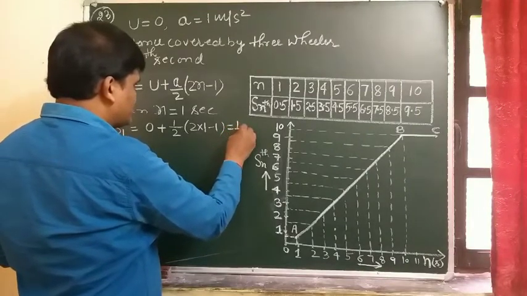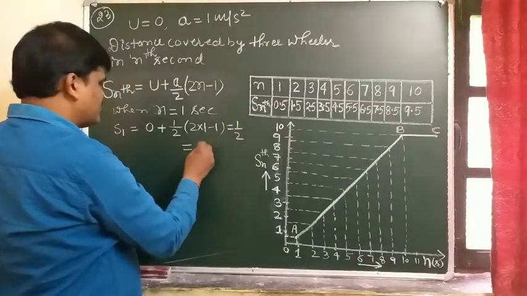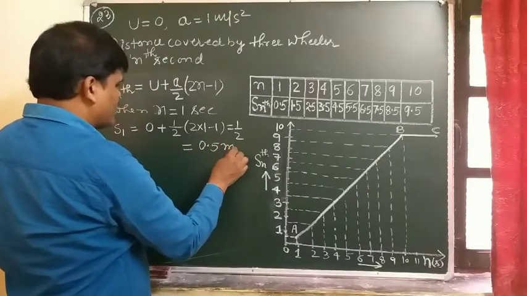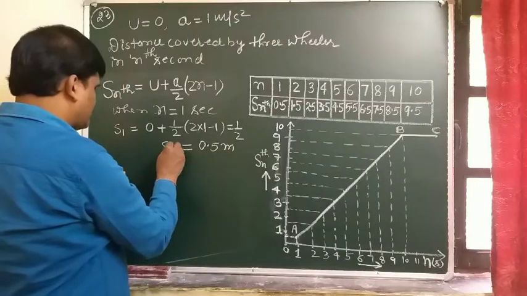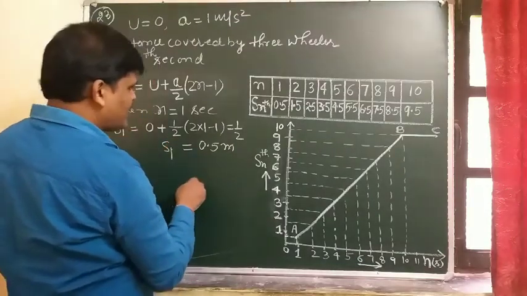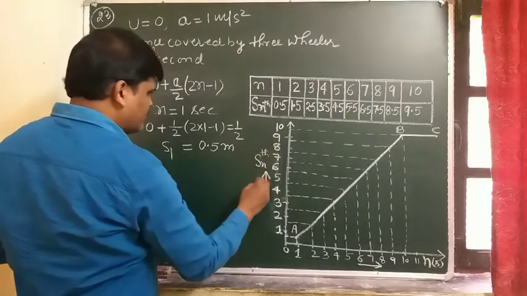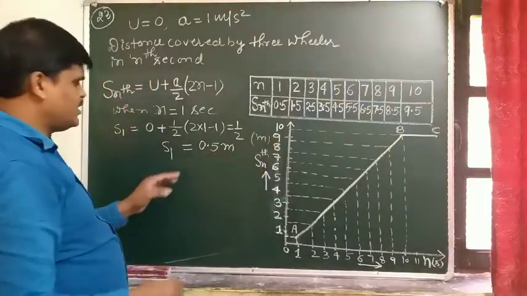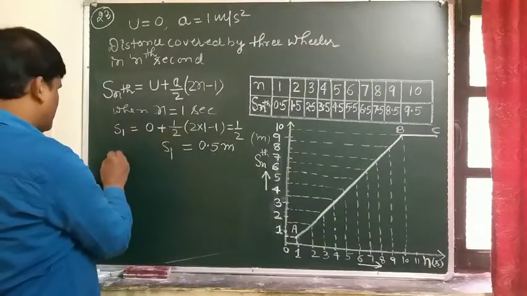And 1 by 2 comes out to be 0.5. So S1 is 0.5 meter.